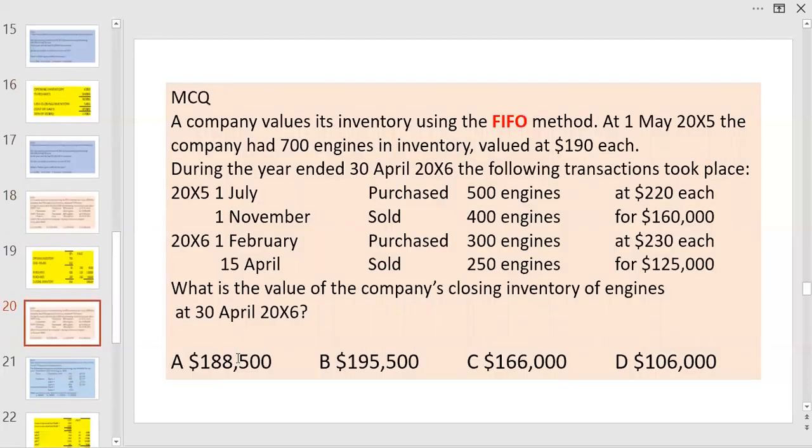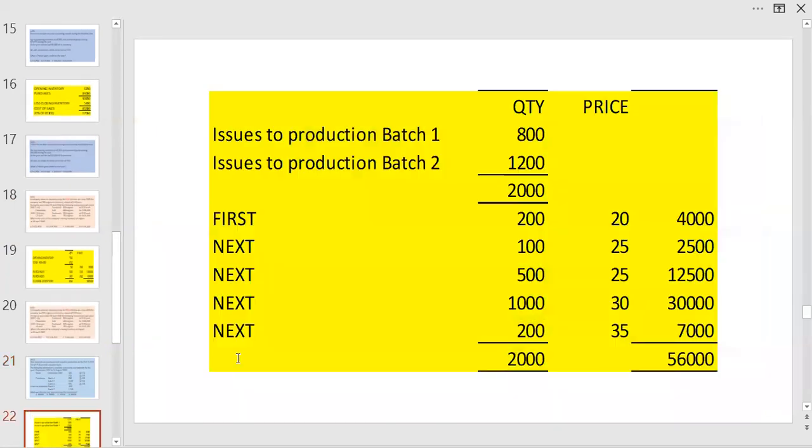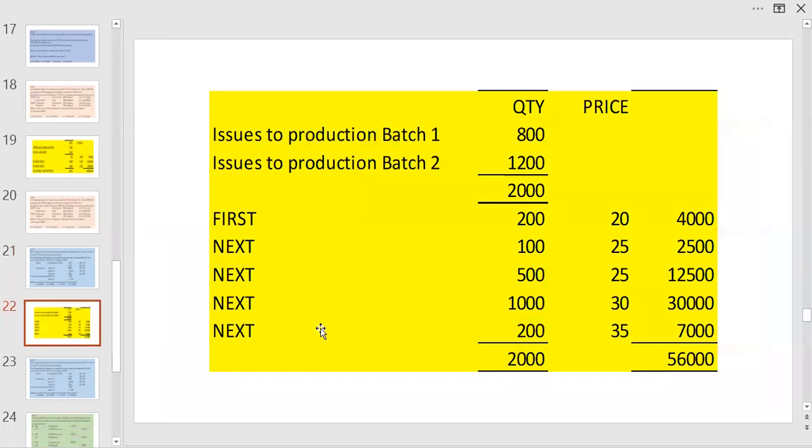The next question, raw materials are purchased and issued to production on the first in first out basis. Opening stock at different prices, 3 batches of purchases, 2 batches of sales. Sales prices are not relevant to us as they ask only the cost of material used for production. Issues to production 2000 units.